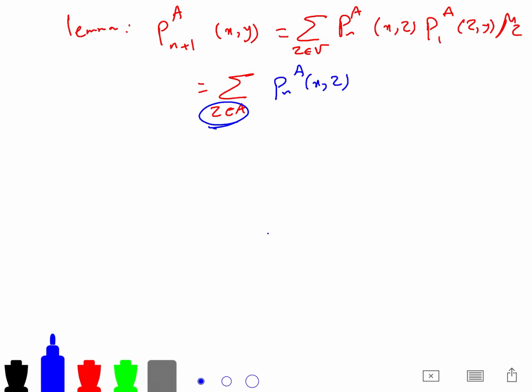So all of them you can generalize to the restriction case as well.